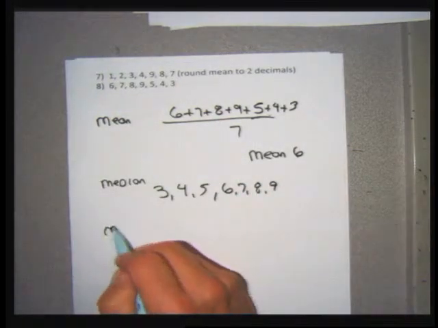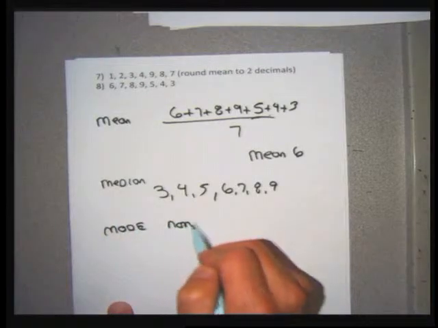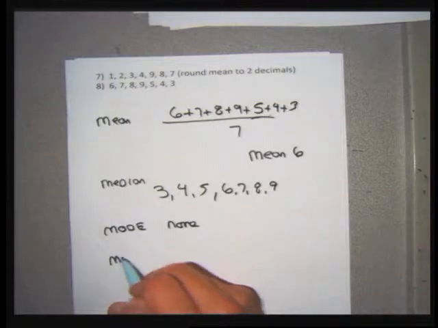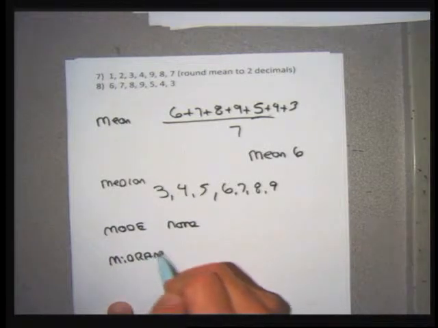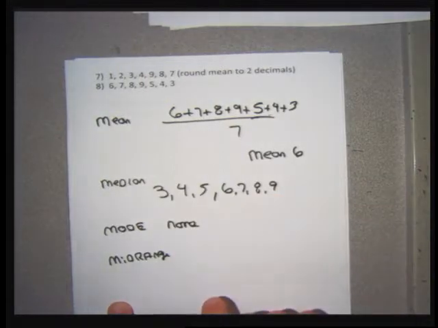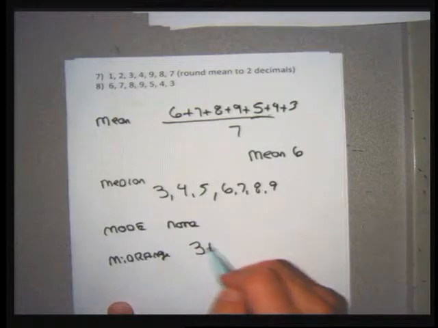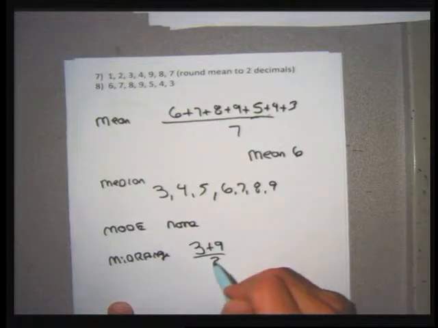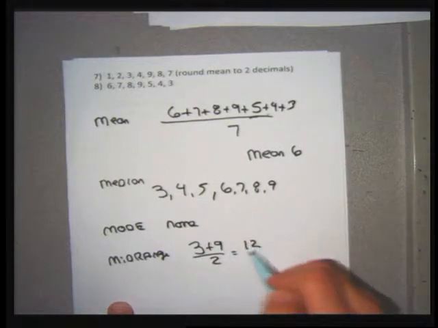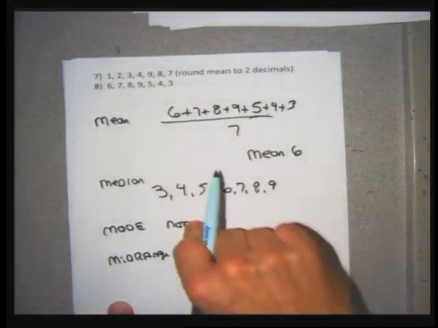And because I'm going to destroy the data and the original data is not ordered, I'm going to do the mode and the mid-range before I find my median. I'm going to say there's no mode rather than saying there's 7 modes, so I wrote none for mode. And then the mid-range is the smallest 3 plus the largest 9 over 2. That's 12 over 2, which is 6. So mean 6, no mode, mid-range 6.